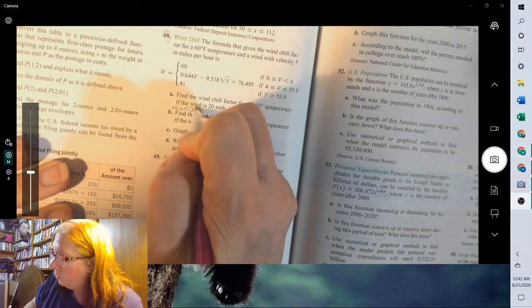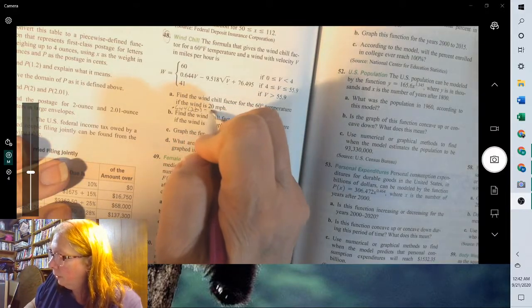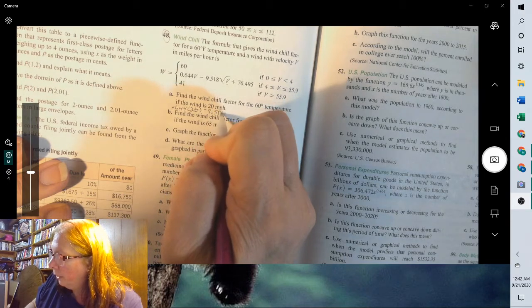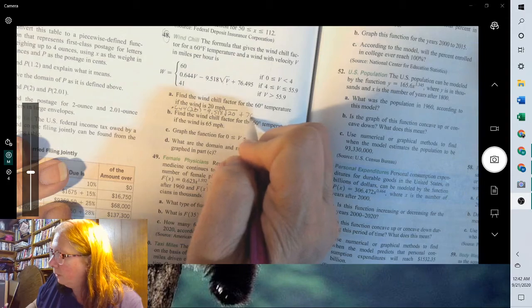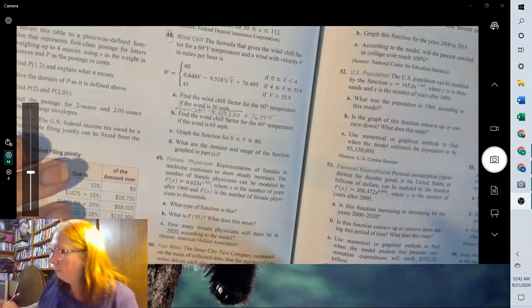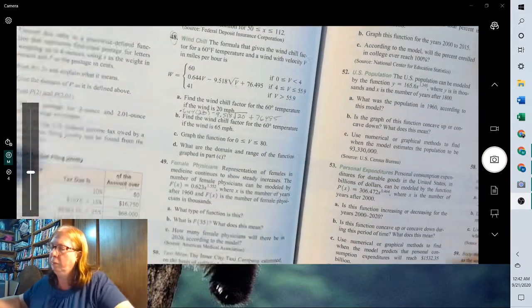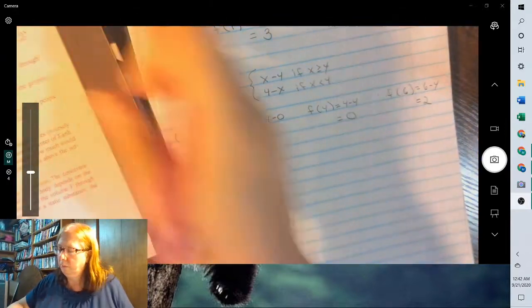0.644 times 20 minus 9.518 times the square root of 20, plus 76.495. Let me write that over here so you can see it better.